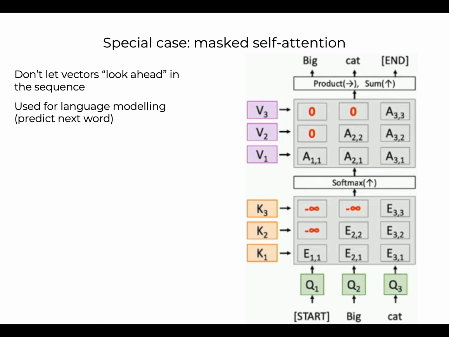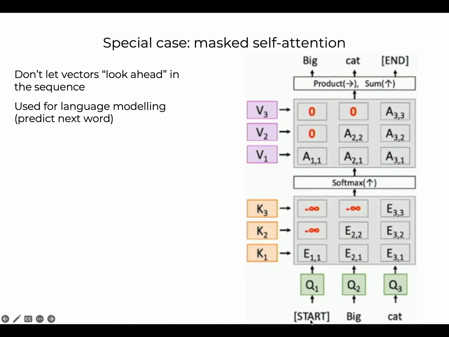Okay, I'm going to finish up with two more special cases which are quite important in practice. So one is called masked self-attention. So the idea here is to not let vectors look ahead to information that's coming in the sequence. This is really important in language modeling, where you're asking the model to predict the next word as its task.